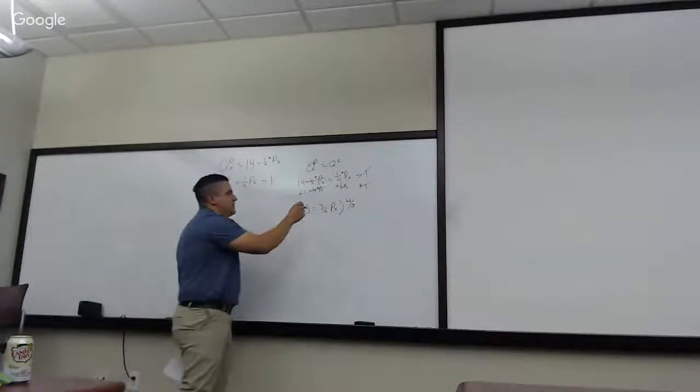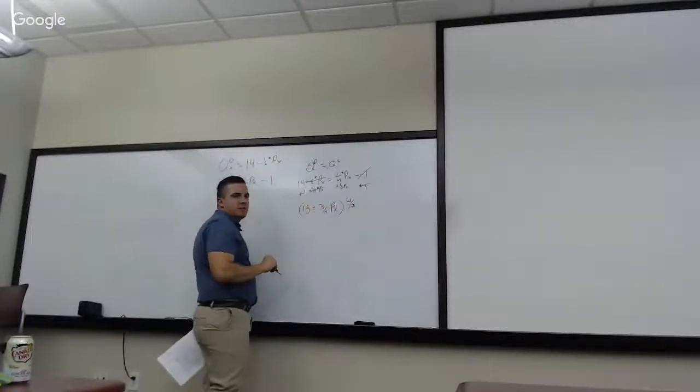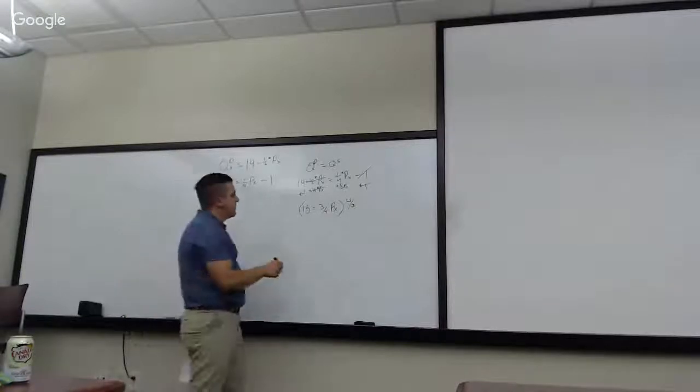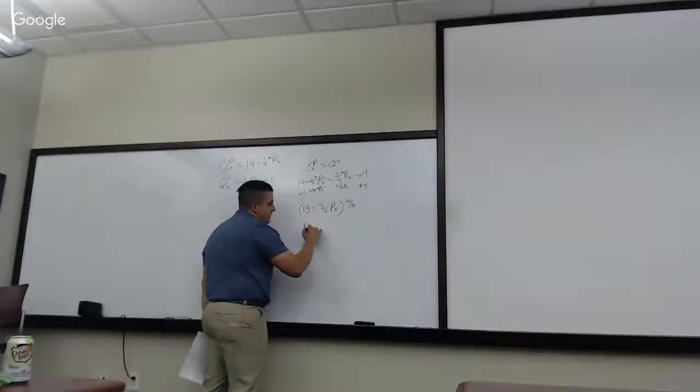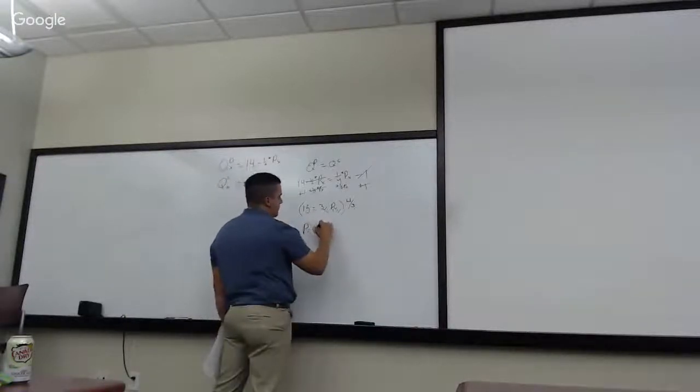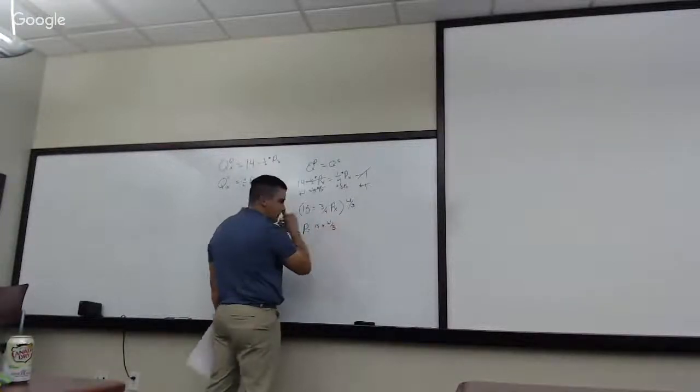So what that's going to do is it's going to make it 12/12 times P, which is 1 times P. So our price is going to be equal to 15 times 4/3.